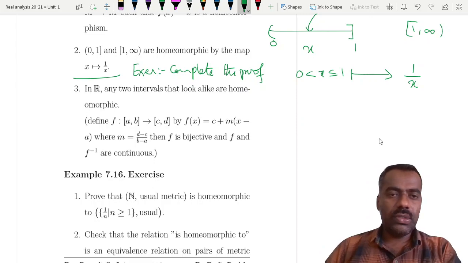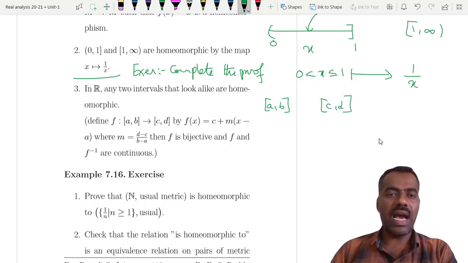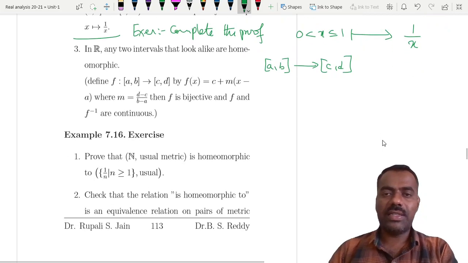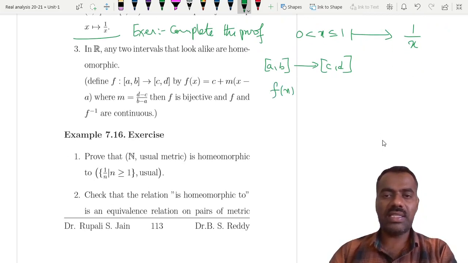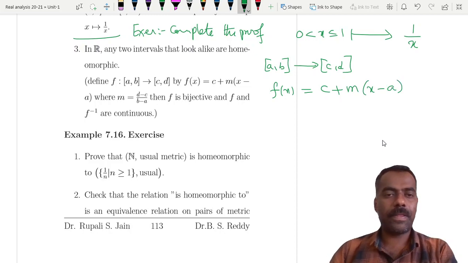If you take any two intervals of the same kind, say suppose [a, b] and [c, d] in R, then you can have a map from here to here defined as follows. For any x you take here, you simply send it to c plus m times (x minus a), because it should belong to here, where m is nothing but (d minus c) by (b minus a).